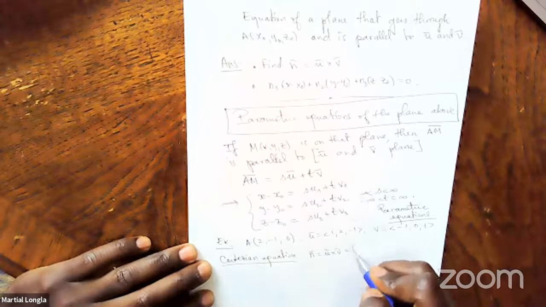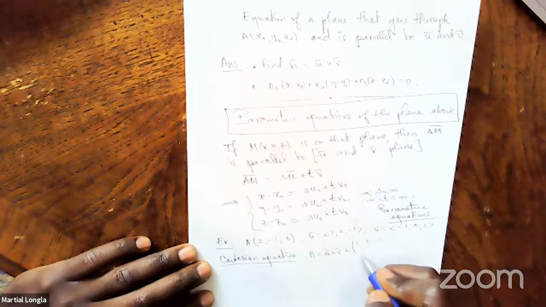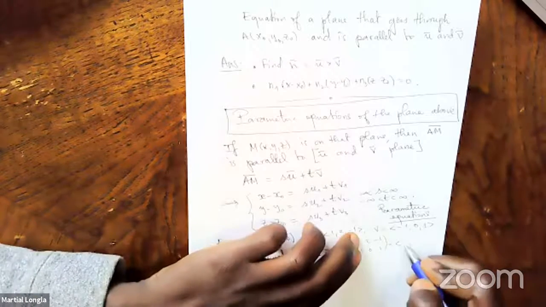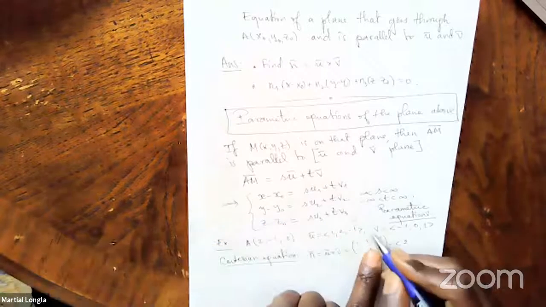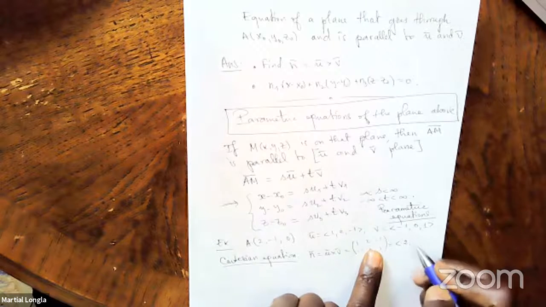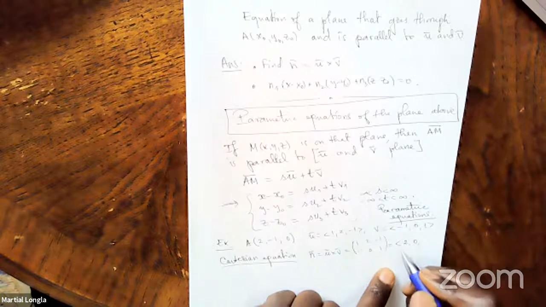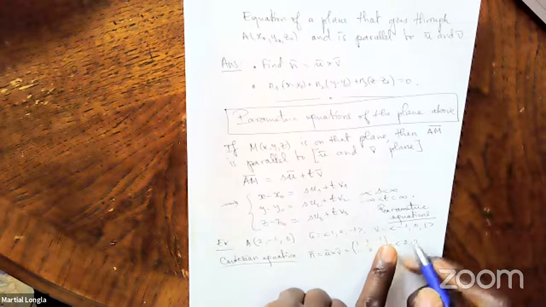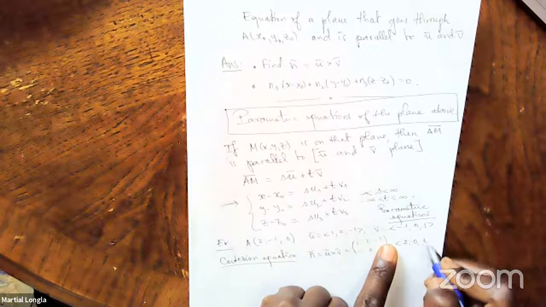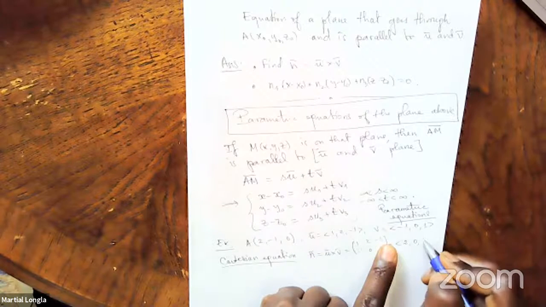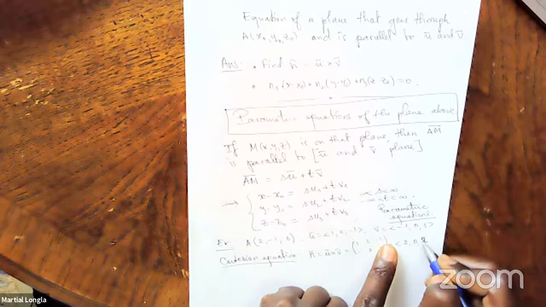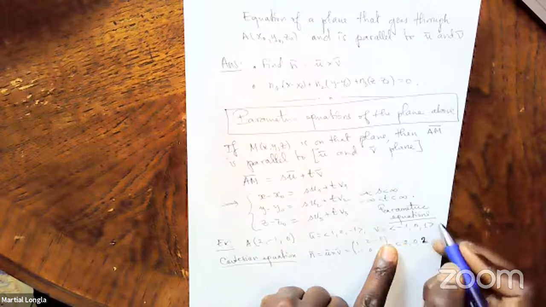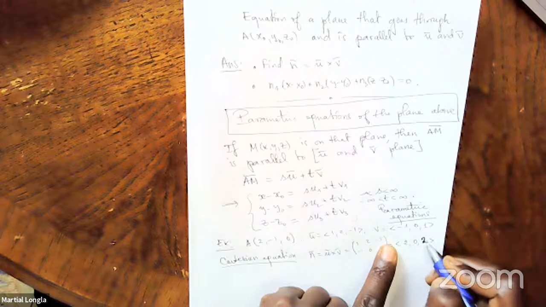And so that is 1, 2, minus 1 crossed with minus 1, 0, 1. And we compute this: it's 2, then 1 minus 1, that's 0, and then that's 2.